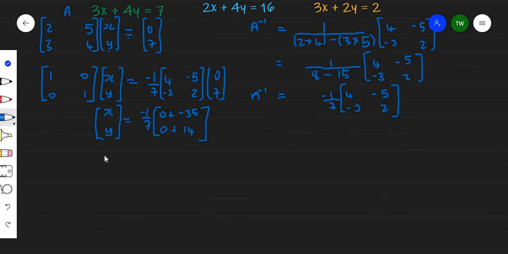So what I'm left with now is just x, y, equal to negative 1 over 7 times, I'm going to simplify what's in this bracket. So 0 plus negative 35 just leaves me with negative 35. And 0 plus 14 just leaves me with 14.